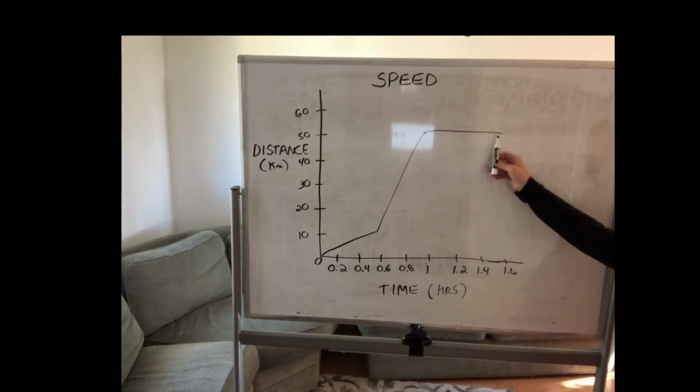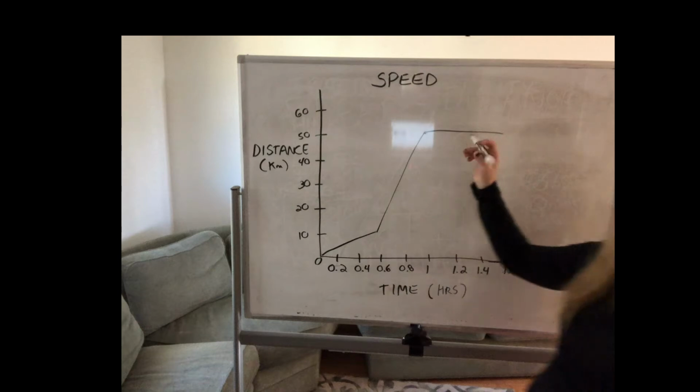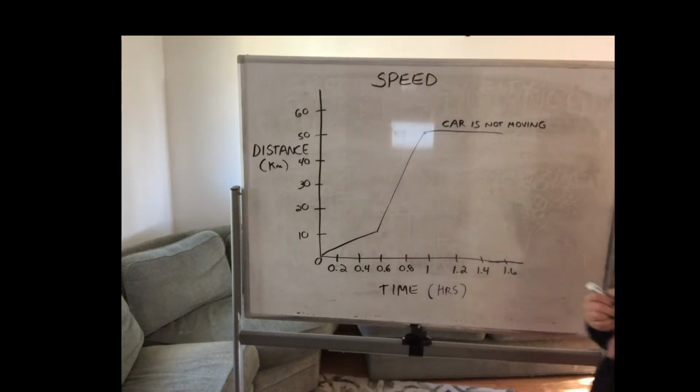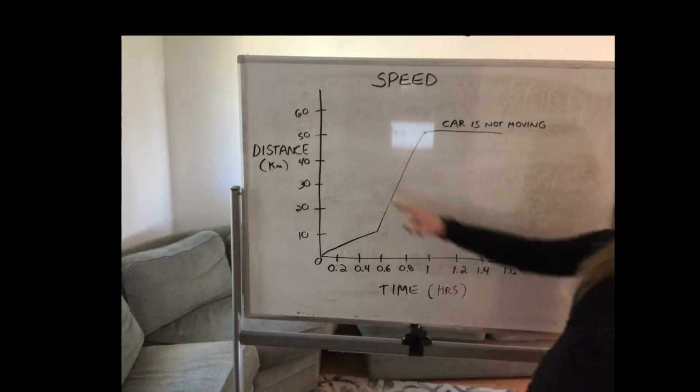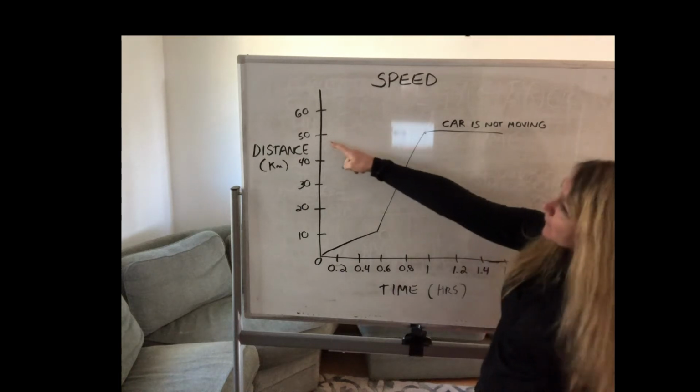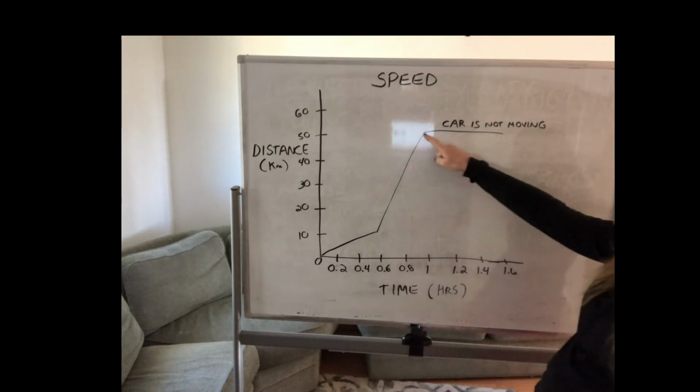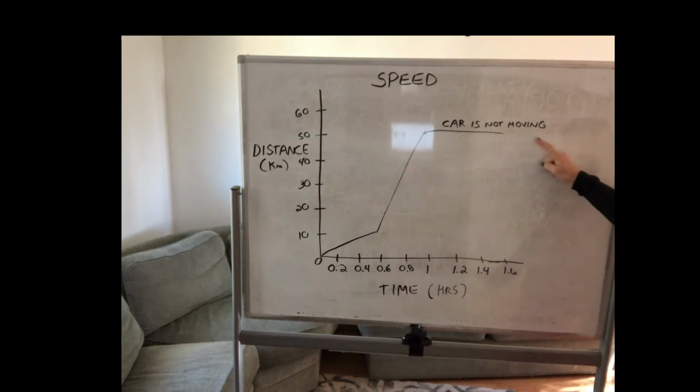So there is no speed, right there, because it's not traveling any distance. So in other words, the car is standing still. Okay, how do we know it's not moving? Well, look, this is the distance over here. Let's say it's about 50. The distance is not changing. So the car is not moving.